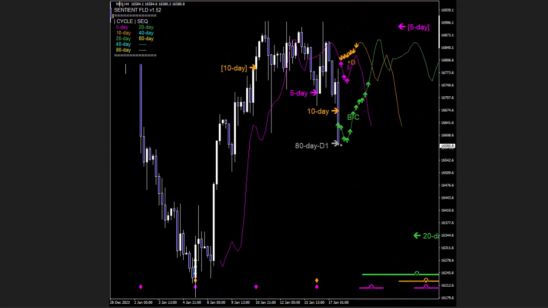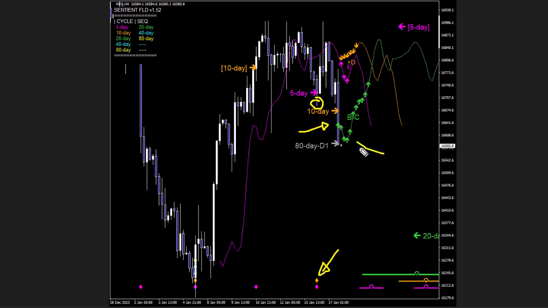Here is a 4-hour chart. Here is this strong move down that we've just seen on the 5-minute chart. Again, we have a 10-day cycle trough on the 4-hour chart, which is over here. That's the 10-day cycle trough. But it seems likely that that 10-day cycle trough is actually only going to form now.